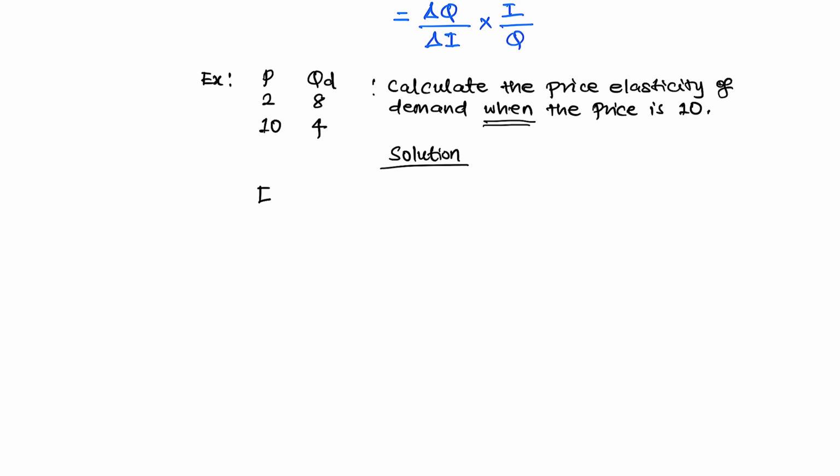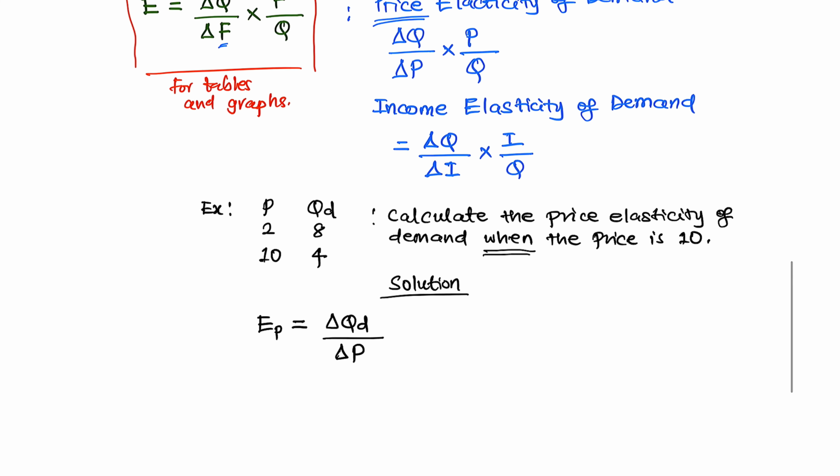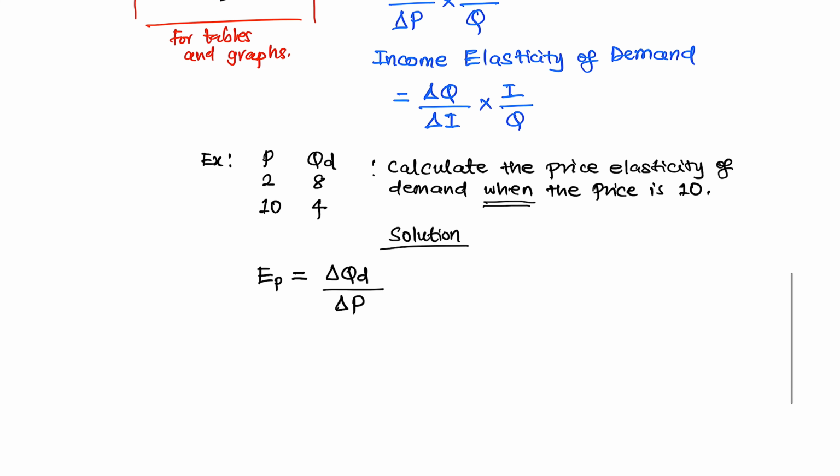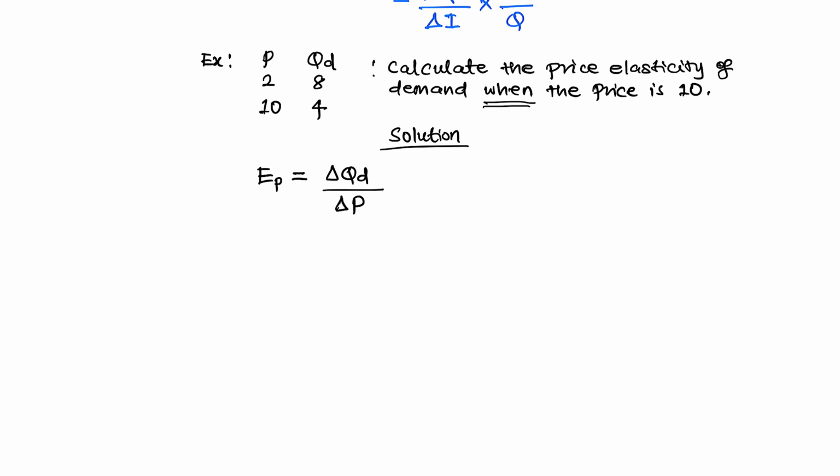So the price elasticity, the E P representing price elasticity of demand equals change in quantity demand divided by change in price, because the factor in this situation is the price. So we replace F with P. Multiply by the factor, which is price, divided by the quantity demand.